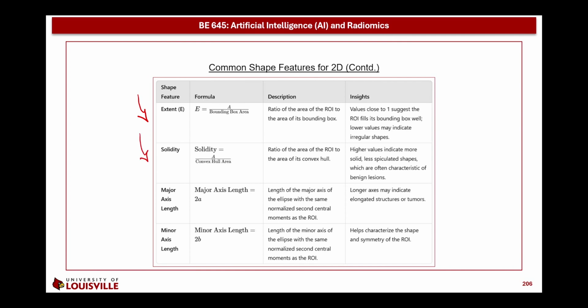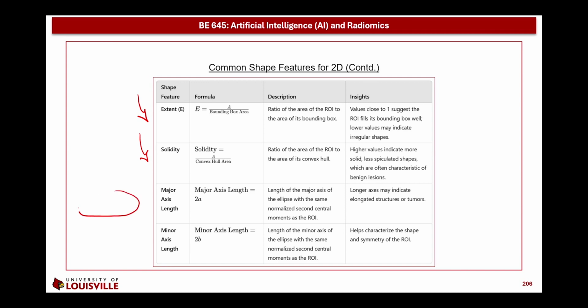Solidity, this is the ratio of the area of the ROI to the area of its convex hull, and higher values, which means that the numerator that reflects the area is higher as a value, will indicate more solid shapes. And major axis length and minor axis length, they reflect the major and minor axis of an ellipse.